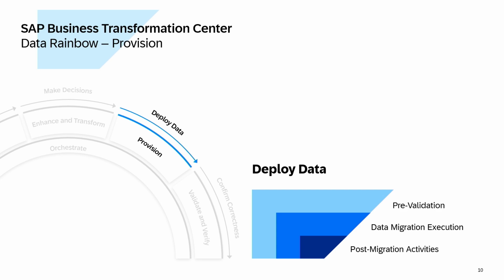But we will reuse the functionalities out of the Software Update Manager to use here also really the standard approach. So it's really straightforward. Push the data to the target, convert the data in the target to the right structures, and this will be done with this deployed data phase.